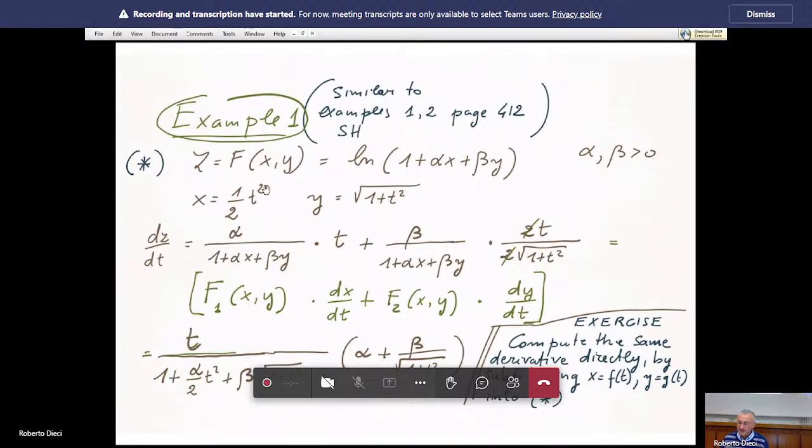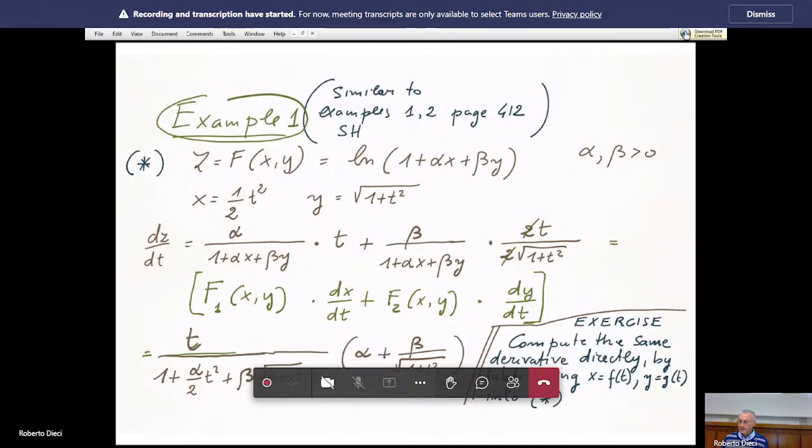You know that x is this, you replace this x. You know that y is this one, you replace this y. Then you have your function of t. Now you have to compute the derivative with respect to time, okay? So this is easier than the direct computation. Probably in this case they are somehow the same level of difficulty, but there are some cases in which it's much more convenient to use the structure of composite function. Clear to all? Okay.